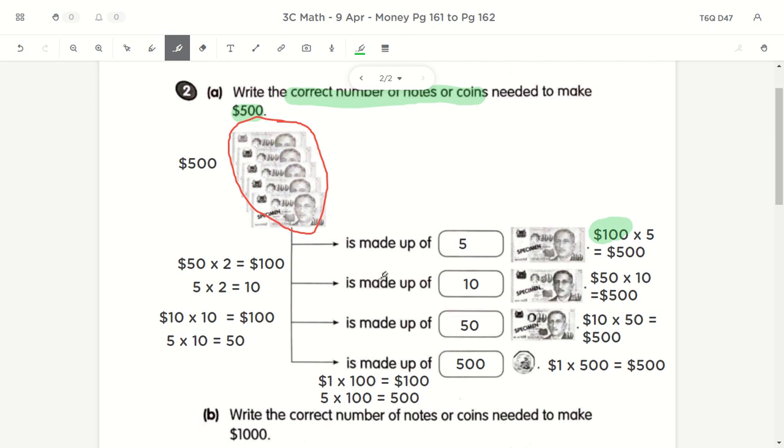So for example, let's go back to $50 notes over here. In each group of 500 you have 5 groups of 100, and in each 100 you have two $50 notes, so 5 times 2 gives you 10.